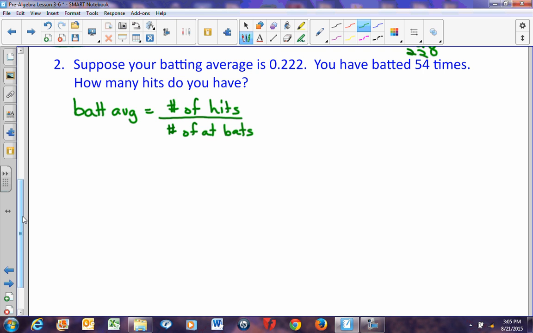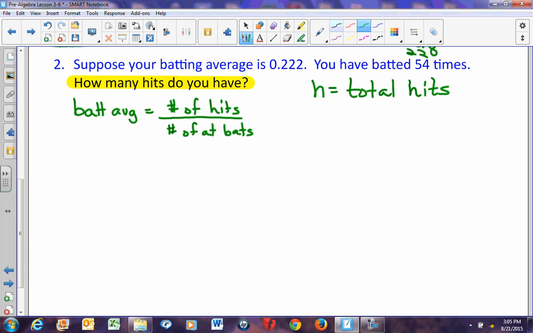So I need to know how many hits I have. That's what I'm asked to find. So I'm going to let H equal my total number of hits. So my batting average is .222.